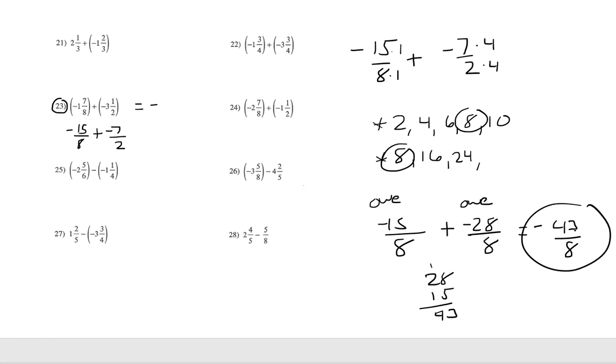And this is an improper fraction that can't simplify. There's no common factors between the 43 and 8. If we wanted to, we could write this as a mixed number. 8 goes into 43 5 times, with 3 left over. So another way to write this would be negative 5 and 3 eighths.